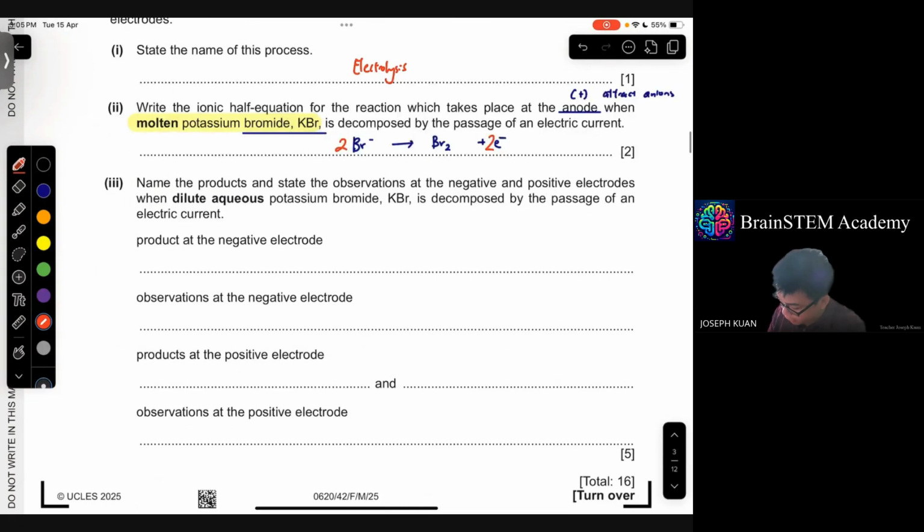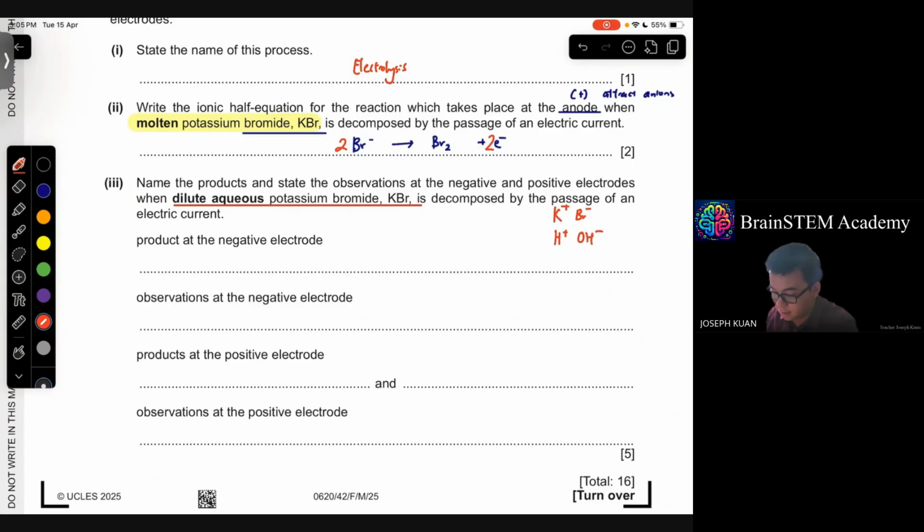Now, question 3. Name the products and state the observations at the negative and positive electrodes when dilute aqueous potassium bromide is decomposed by the passage of an electric current. Given that it's a dilute aqueous solution, apart from potassium and bromide ions, there are also hydrogen and hydroxide ions in the electrolyte.